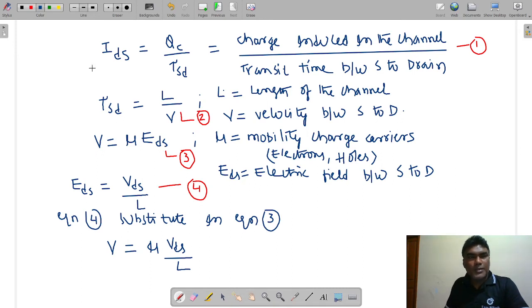Now let us take this as equation number 5. Now equation number 5, velocity V, is substituted in equation 2.